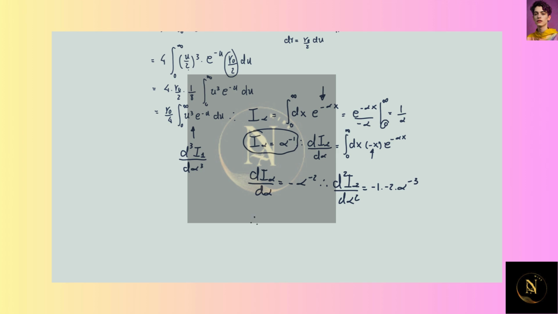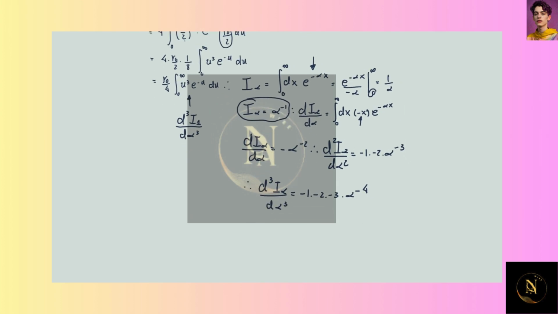And deriving one more time, we get minus 1 times minus 2 times minus 3 times alpha to the minus 4. Oh, and also forgot something here. By deriving 3 times, we will get an extra minus sign on the outside, which is undesired here. So what we need is minus the third derivative.